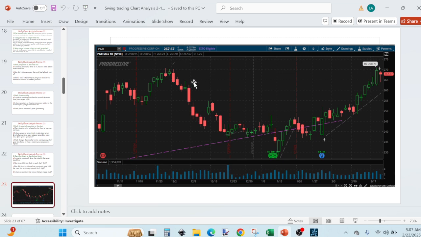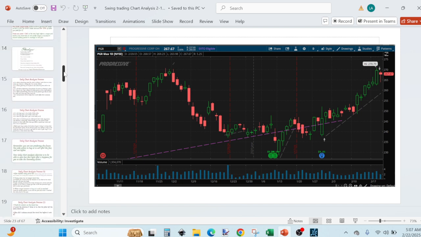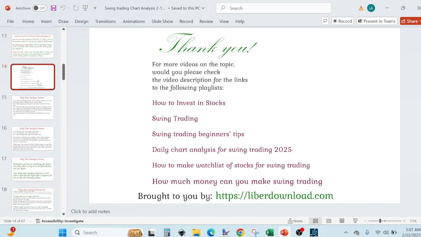And swing trading is one way to make money. Just start small until you find a sustainable way to swing trade.